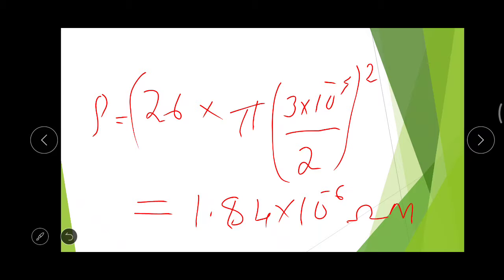So the metallic wire that we have taken is actually manganese, as the resistivity value is equal to 1.84 into 10 to the power minus 6. Okay, so I think it is clear for you.